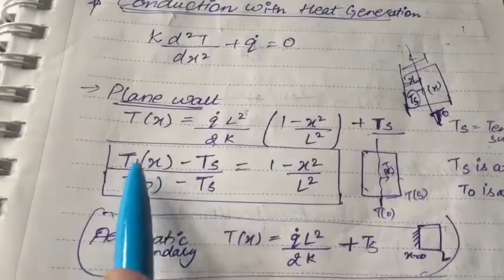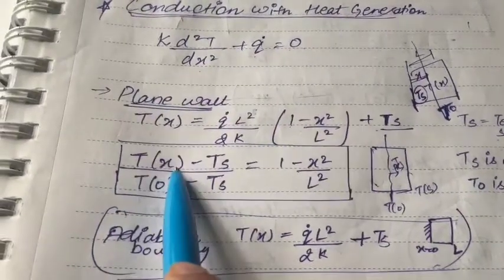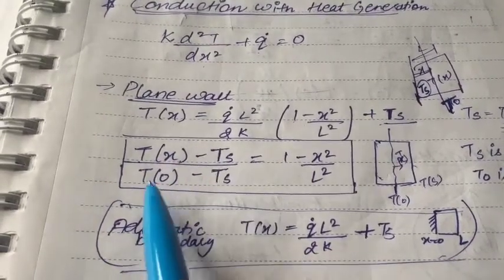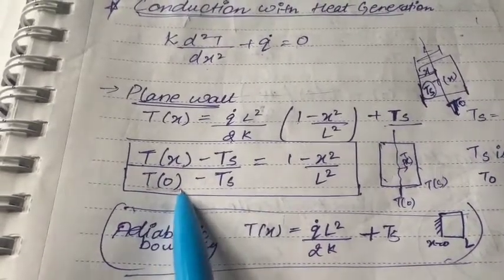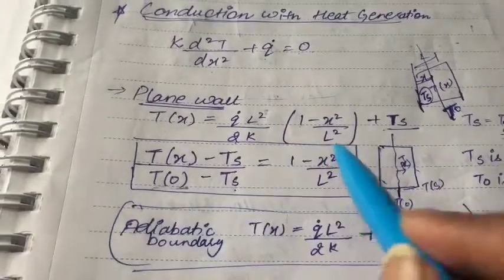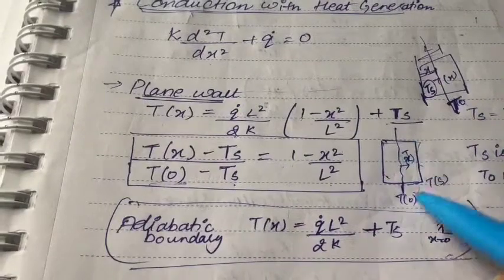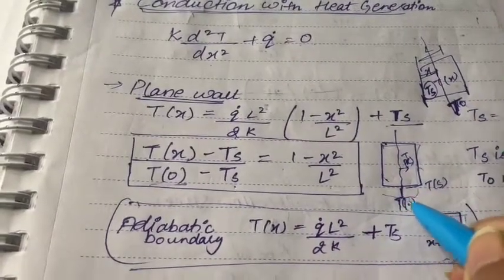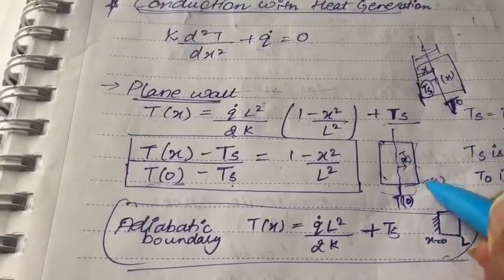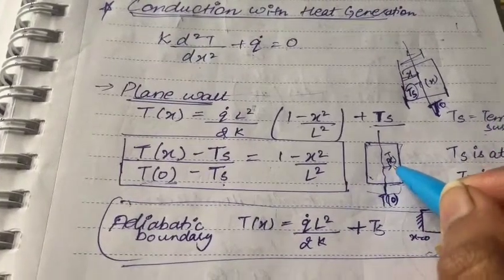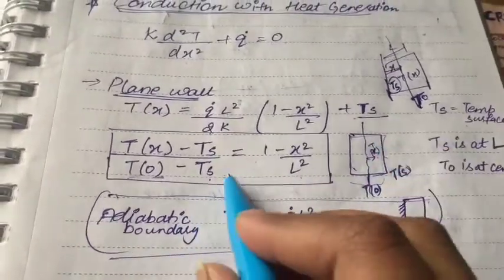So temperature T at any distance x minus temperature on surface, upon temperature at center minus temperature at surface, would be equal to 1 minus x square by L square. Like for a wall, temperature at center is T naught and temperature on surface is Ts. To calculate temperature at any point x, we have to use this formula.